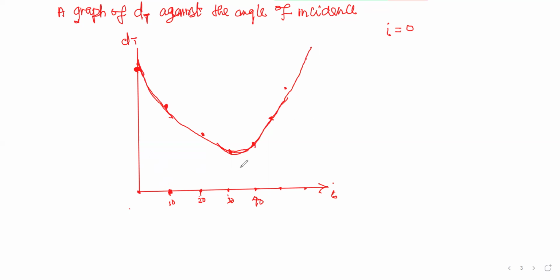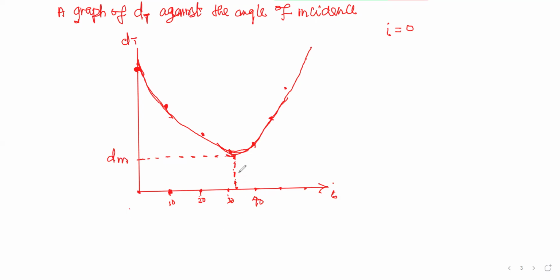Now this angle of incidence gives us the minimum or the least deviation within the prism. So when you trace the angle of incidence to this point, it must give us the minimum.